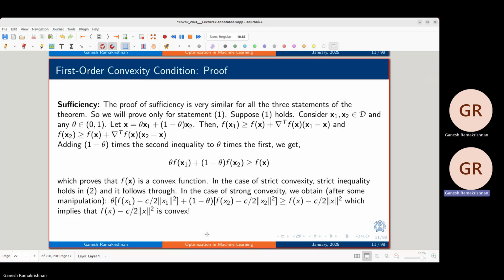So what was the original definition of strong convexity?